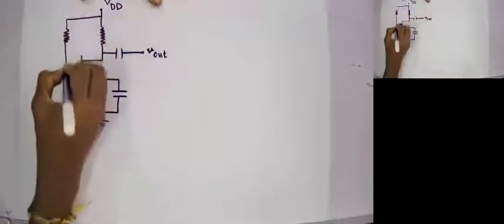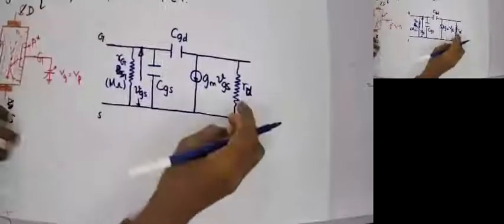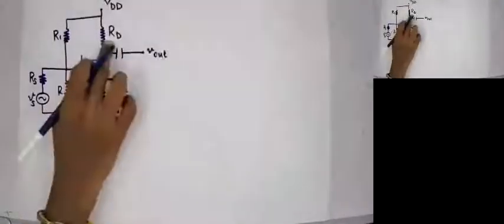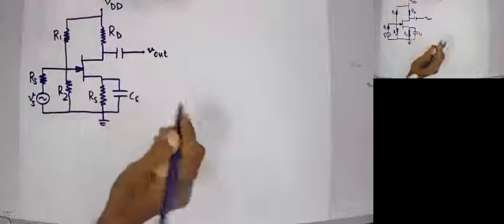And it could be biased with a potential divider bias, so I may have my R1 and R2, and then RS and VS. Remember we have another RD in the equivalent circuit, so I used small r, small d. The drain resistor I can use as capital RD, and this is RS, and this is the bypass capacitor Cs.